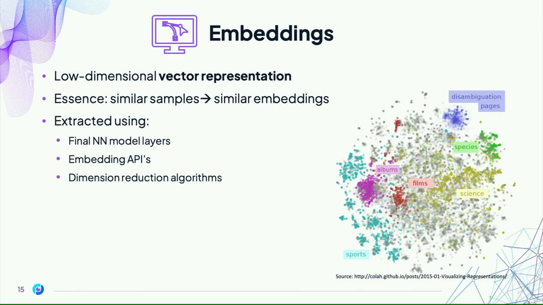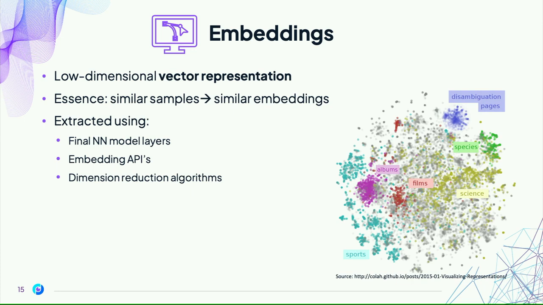It could be some kind of foundation model trained to perform some kind of generic task. I think the best example nowadays would be, of course, large language models, which are trained on a very generic type of task. And you can obtain them either by yourself using open source or your own model, or using embedding APIs, OpenAI, Cohere, AI21, whatever.